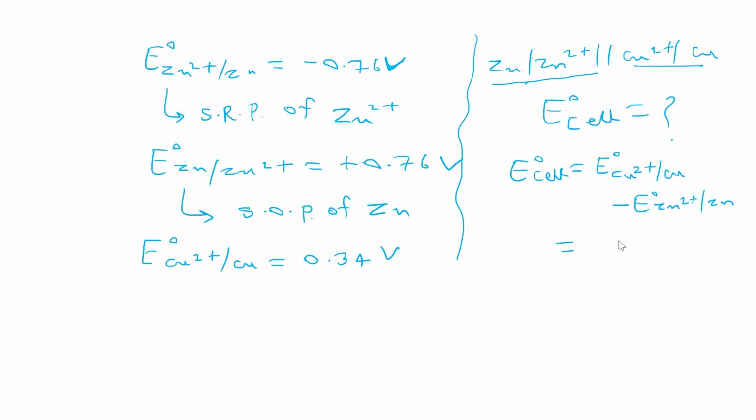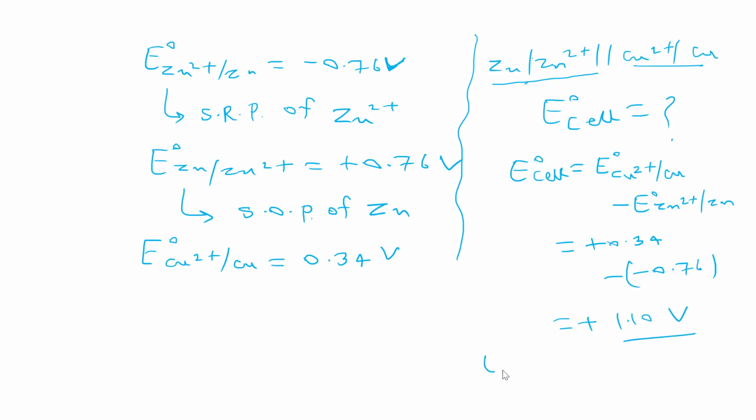Now substituting the values: SRP of copper is plus 0.34 volt, minus minus 0.76, and finally we get plus 1.10 volt.